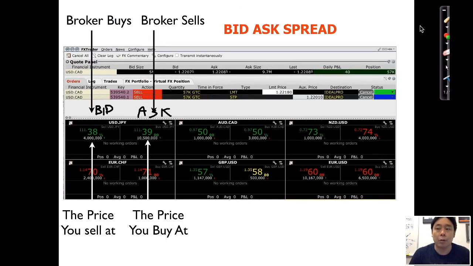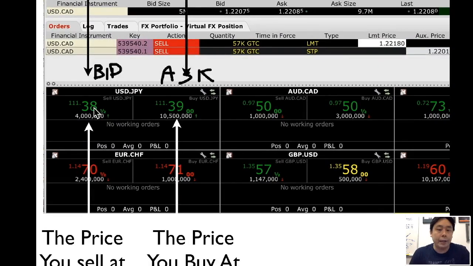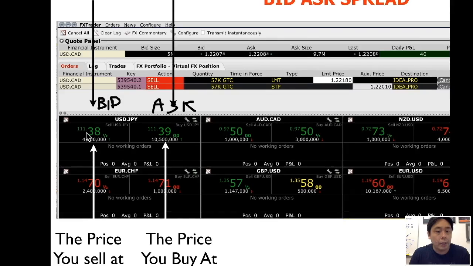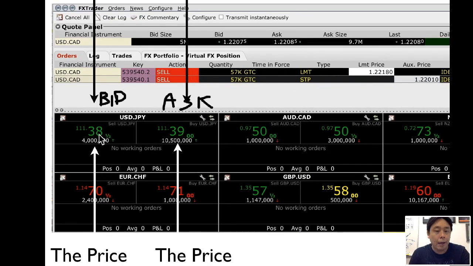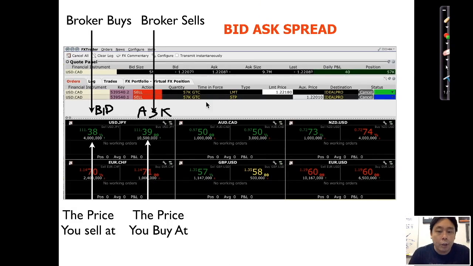Now, why is this important? Because some brokers' bid and ask spread could be as wide as 2 or 3 pips. That means, for example, you can see the bid is 111.38 and the ask could be 111.41. So in that case, it's a 3 pip spread. So to enter the position, you are paying 3 pips in commission in a way. When you exit, you pay another 3 pips in commission.